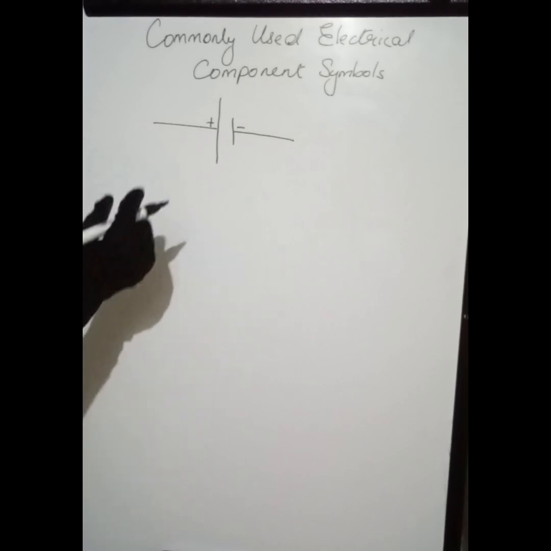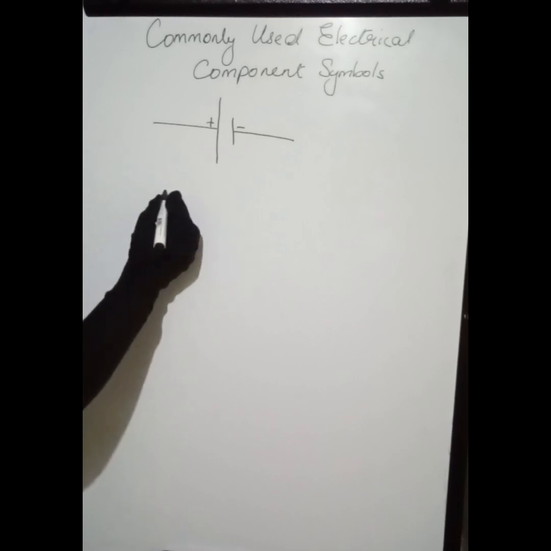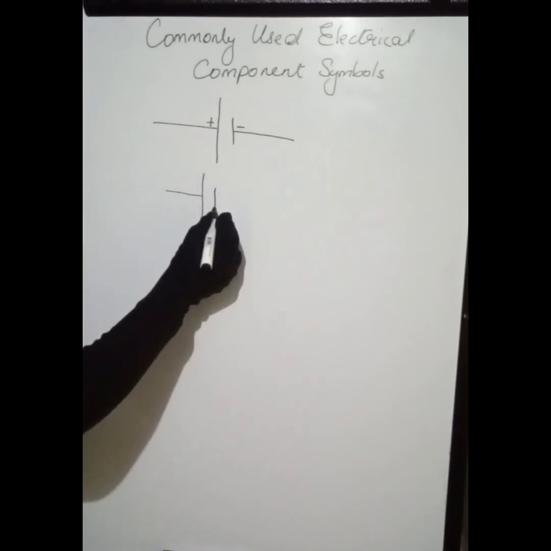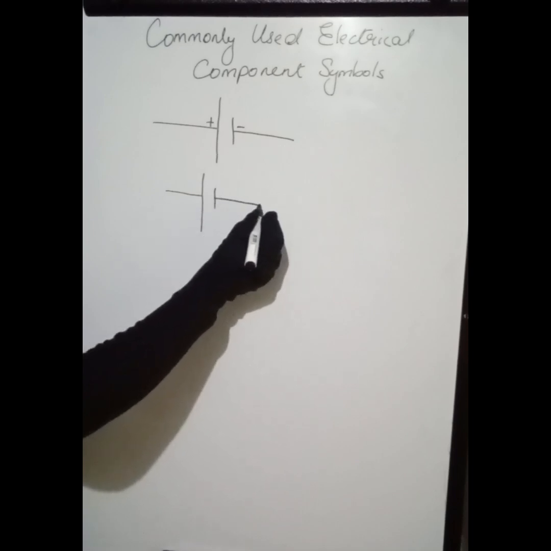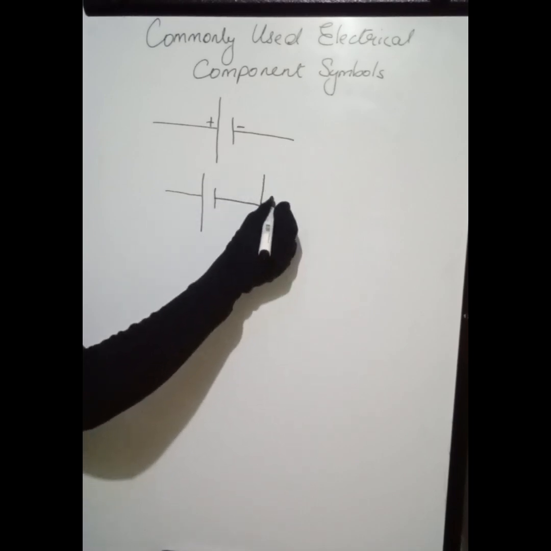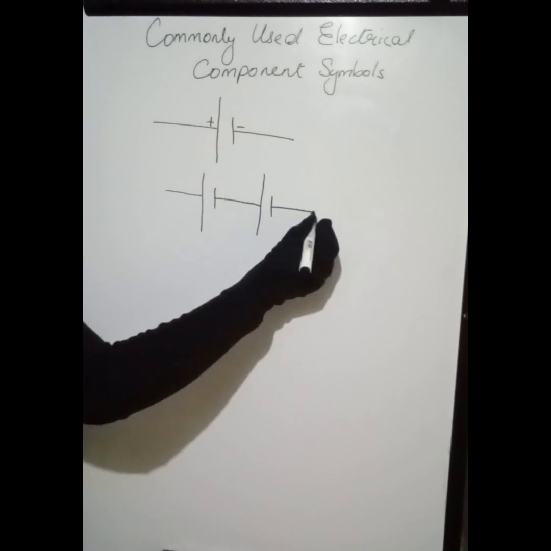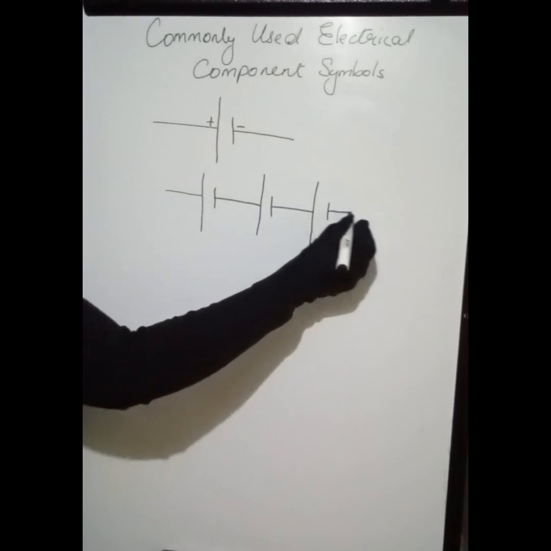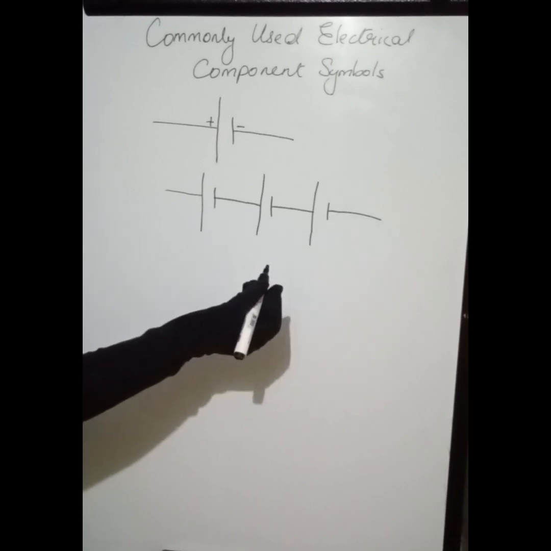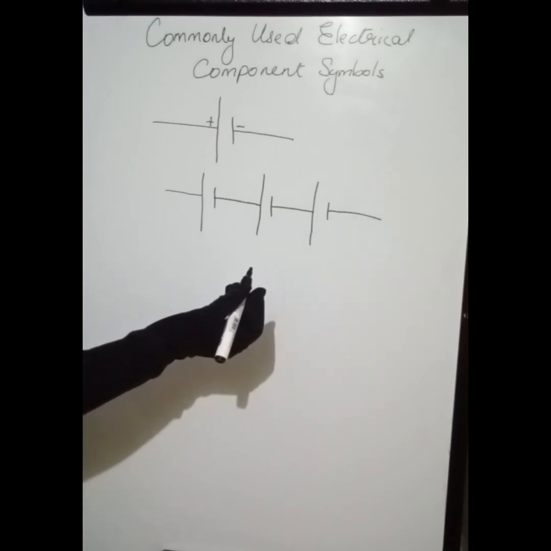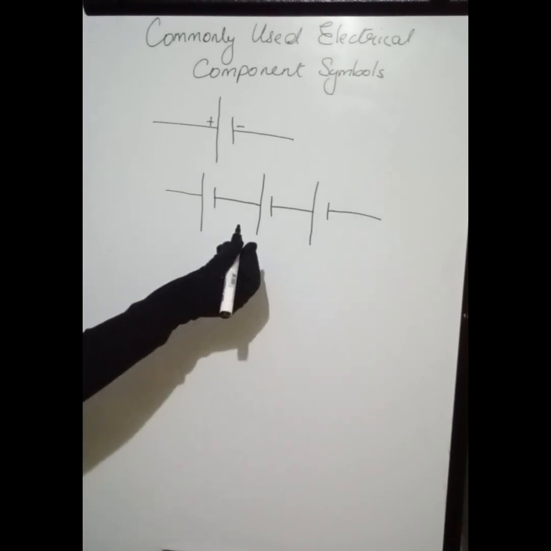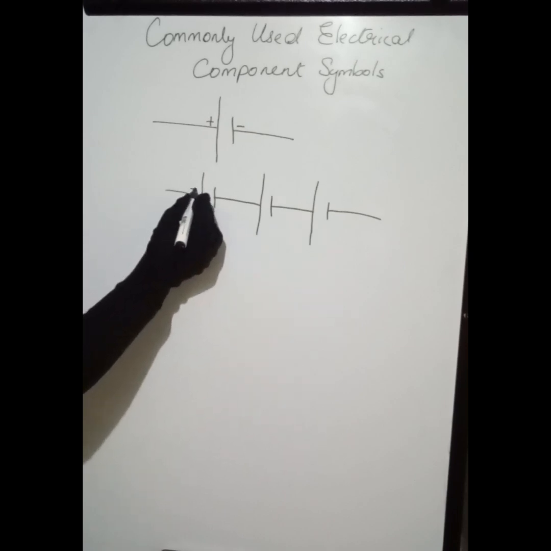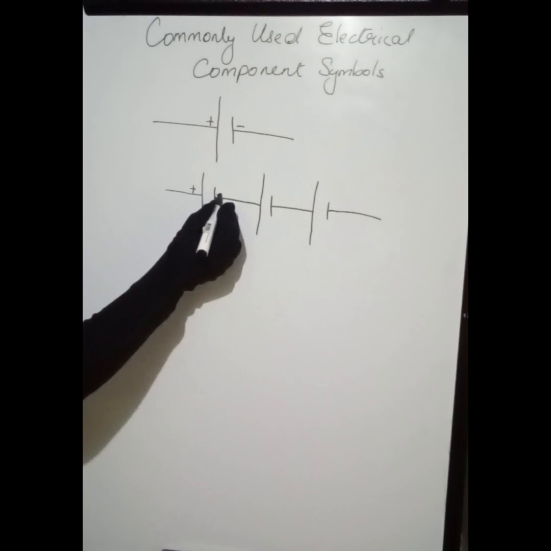To draw them in combination, you first draw a sleeping line, a long standing line, a short standing line, a sleeping line, again a long standing line, a short standing line, sleeping line, a long standing line, a short standing line, again a sleeping line. You can continue this depending on the number of cells in combination. If you see here, this would be positive, this will be negative.